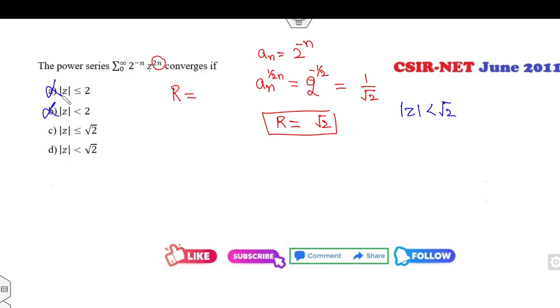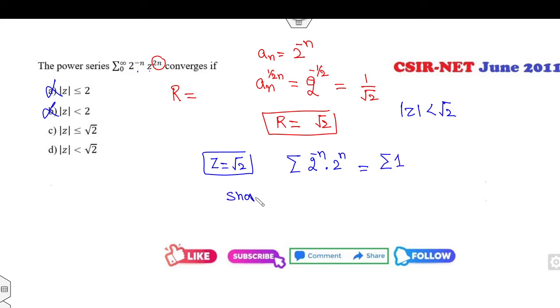So these two options are cancelled out. Now whether the equality appears or not, we can substitute at root 2. If I substitute this expression, it is 2 raised to power minus n into 2 raised to power n. That is my constant.